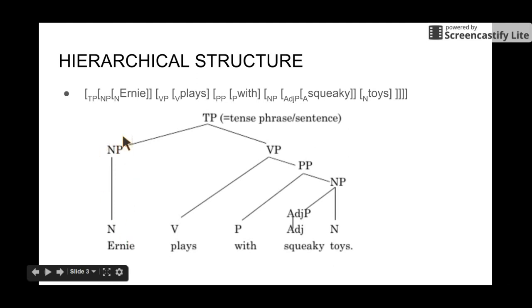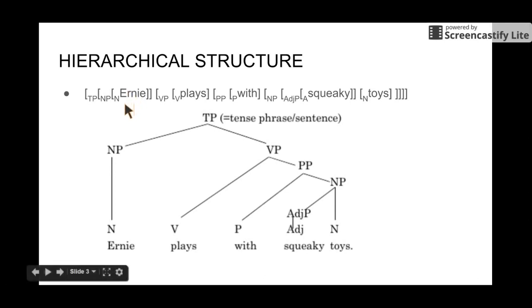In the bracketing diagram, we use a pair of brackets to show a constituent, which means that every element, every word within the same pair of brackets is a constituent.